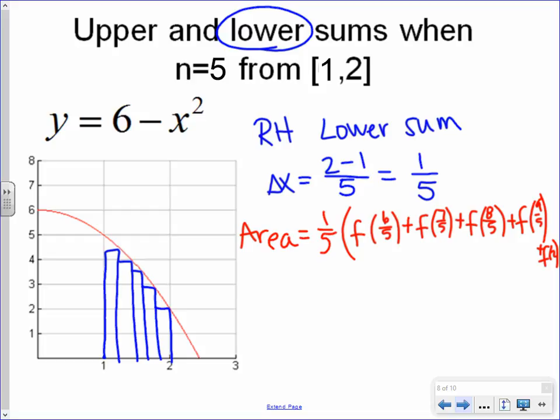So then what you're going to have to do, this is where it gets kind of boring. You're going to have to take your calculator and find all of those function values, and then add them together, and then multiply by 1/5. I'll give you a moment to do that.